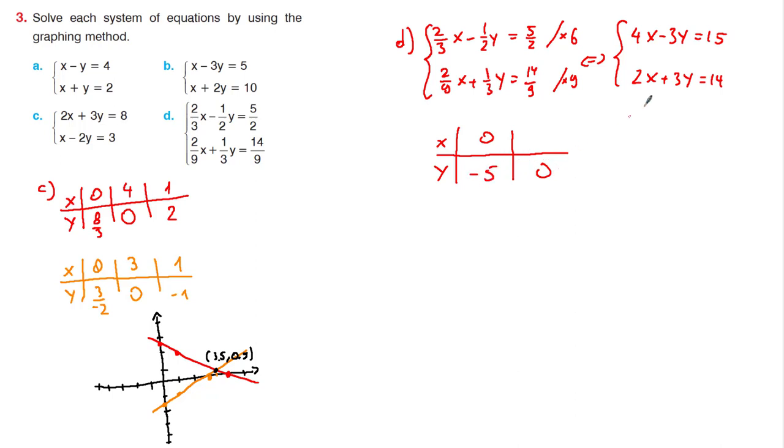If y is 0, then x is 15 over 4. On the second line, if x is 0, y is 14 over 3. If y is 0, x is 7.